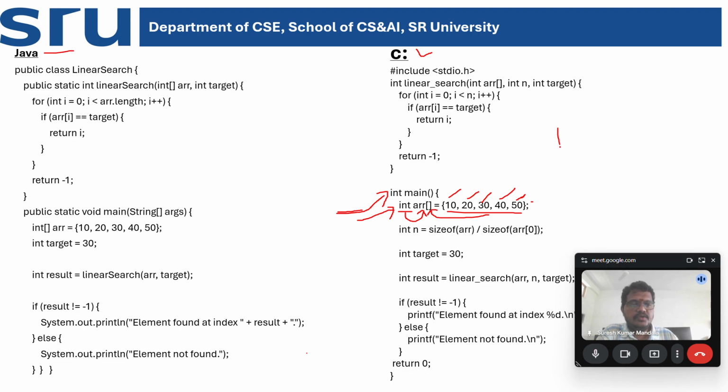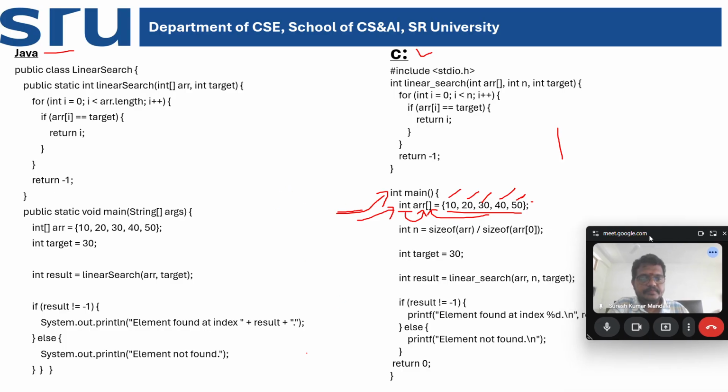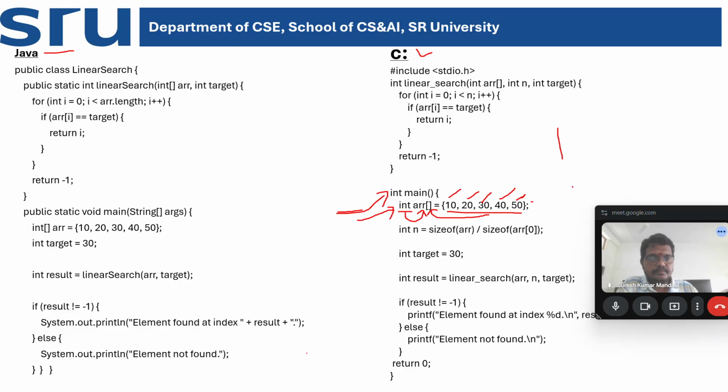Let us see how it is stored with a graphical representation. Assume that this is the array, with 5 elements.